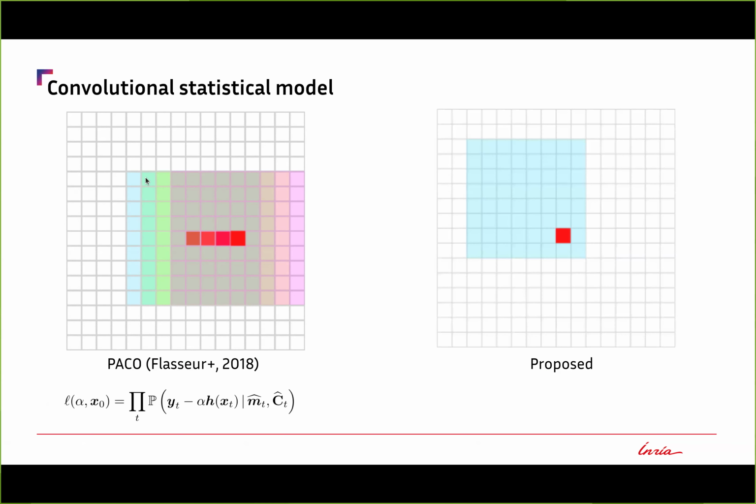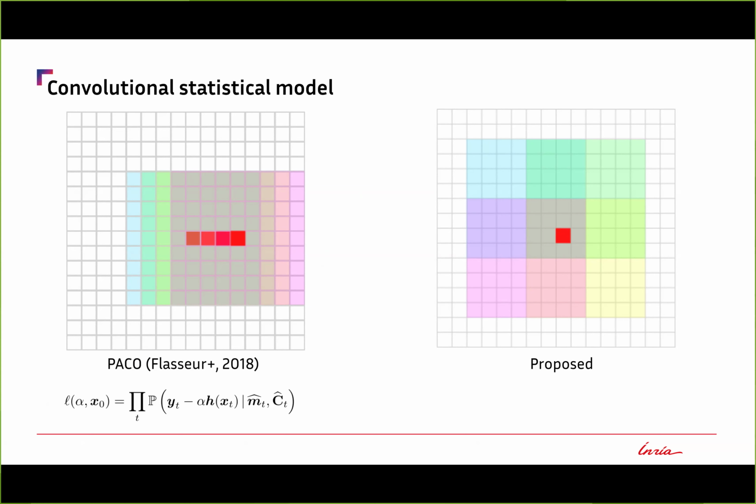So what we do in our model is a convolutional statistical model, in the sense that for each pixel, its distribution will be determined not only by the patch that is around it, but by, for example here, a collection of 4 patches that are overlapping at this point. With this model, you obtain a much larger field of view for each pixel.